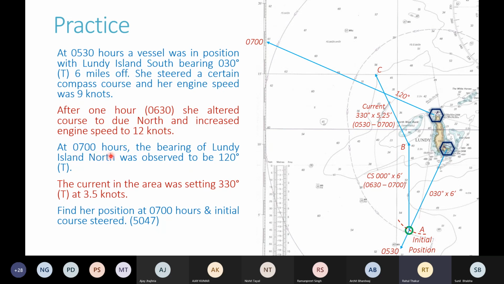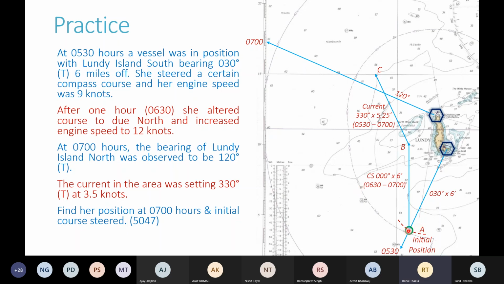And till 0700 hours, there was no change in the speed. So from 0530 to 0630, the speed was 9 knots. And this passage from 0530 to 0630 is the unknown passage, which we have to find out.